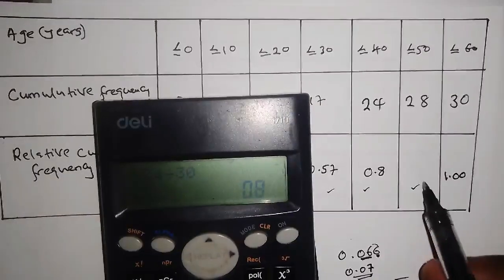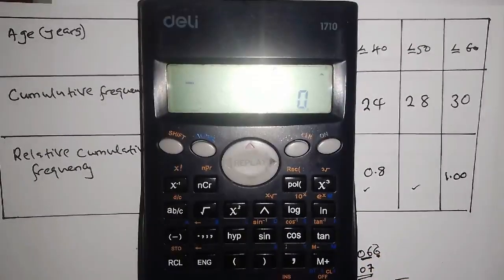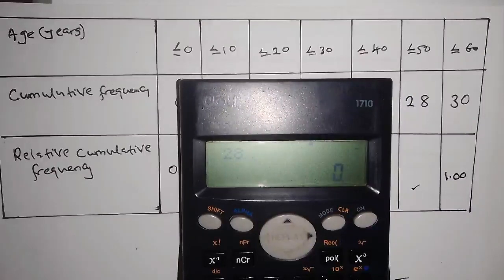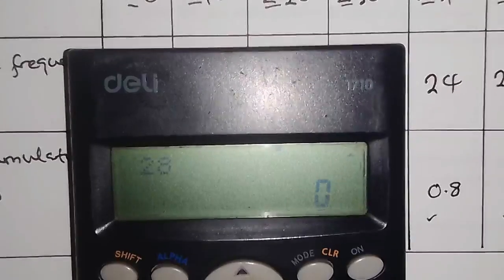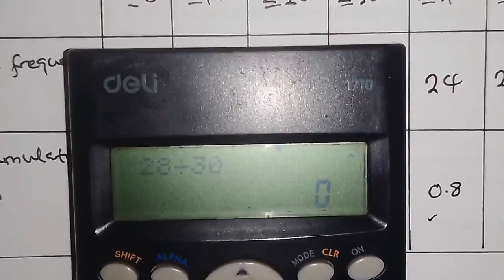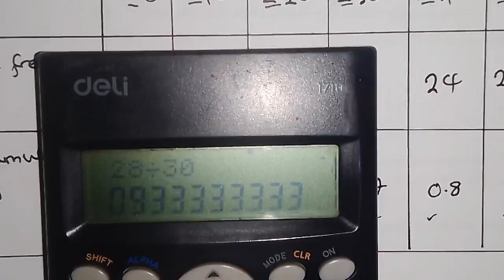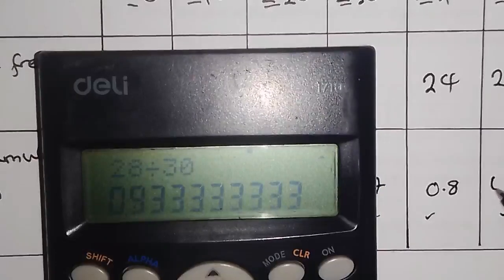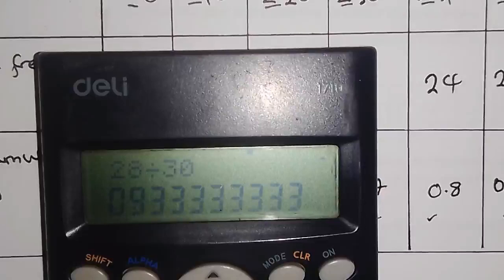Now what about the last one? It is 28 divided by 30. So you get 0.93.